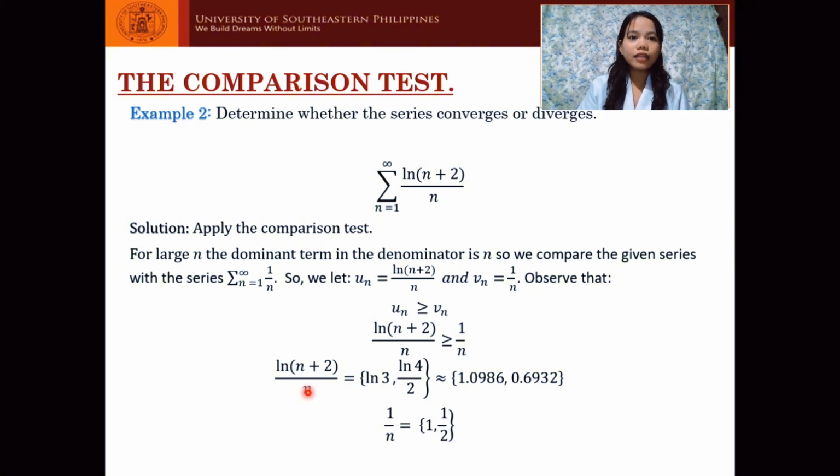For the natural log of n plus 2 over n, we have the natural log of 3 and the natural log of 4 halves, which is approximately equal to 1.0986 and 0.6932. And for 1 over n, we have 1 and 1/2.